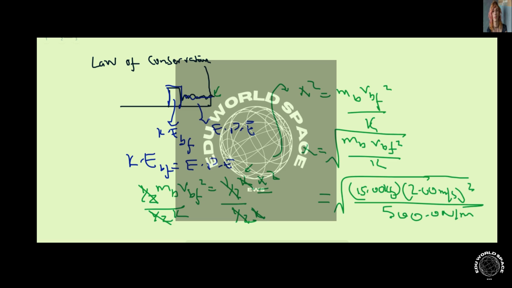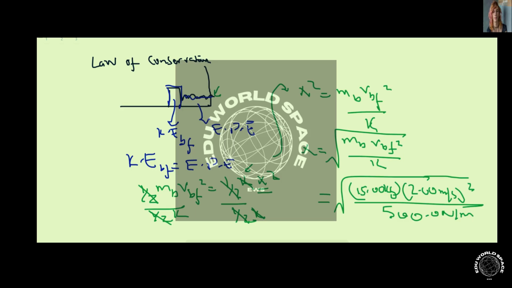So, going back to using a calculator, we'll see that this is radical 15 times 2 squared. Close that. Well, actually, you gotta go back and do divide by 500.